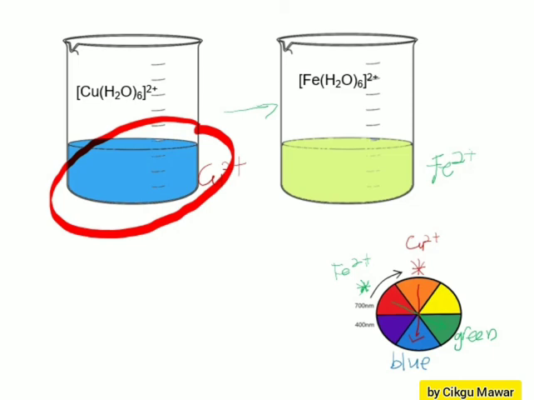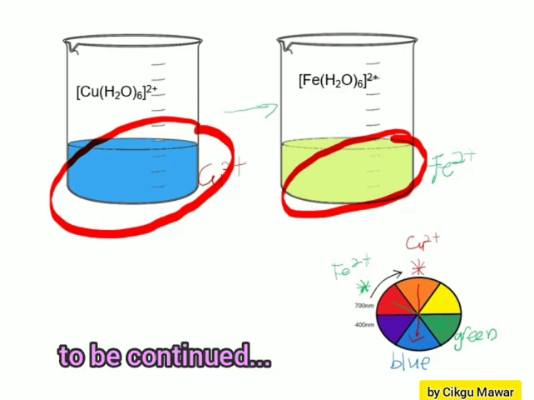Hexaaqua copper 2 plus ion will appear blue, while hexaaqua iron 2 plus will appear green. So it depends on the nature of the central metal ion.